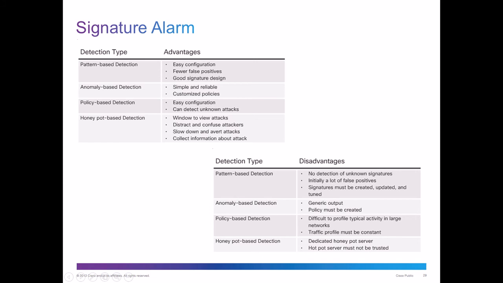Anomaly based is really another way. You have to create a profile first, so you really need to know what's normal first. You create what's normal traffic, and that may take a little time setting up. You need to run your network and find out what normal traffic is.